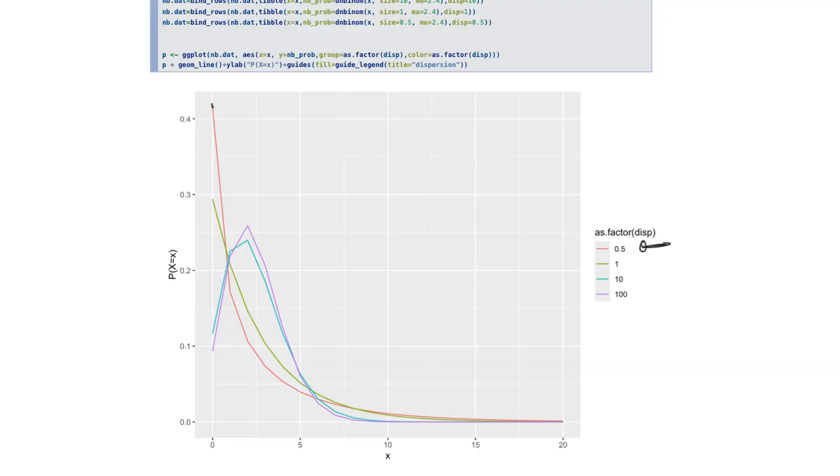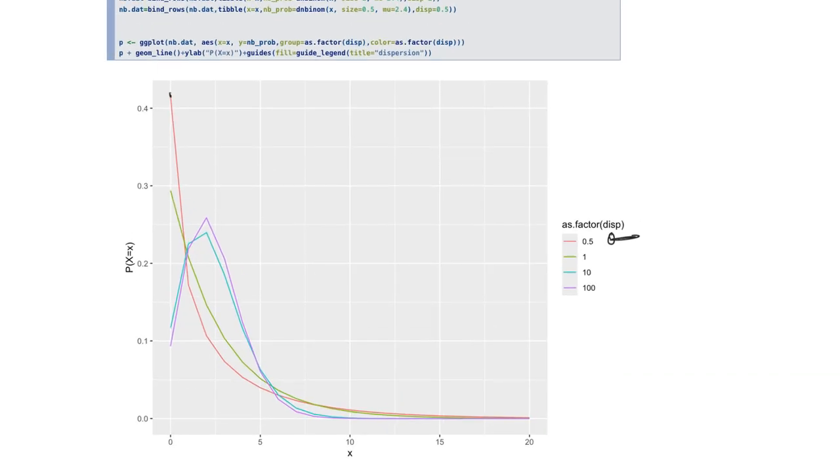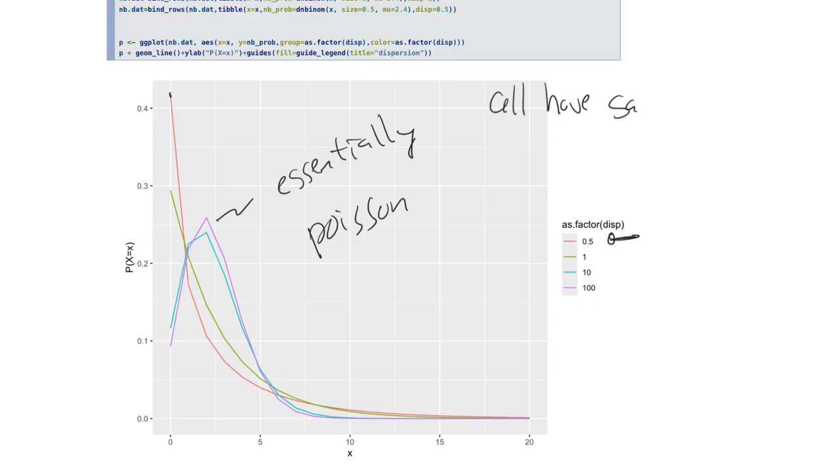So this orange one has a lot of zeros, but then a lot of the total number of events are clustered at the very high end. And as it gets bigger, it looks more like Poisson, which is going to be a little more symmetric. So this one is essentially Poisson with the same mean. They all have the same lambda.